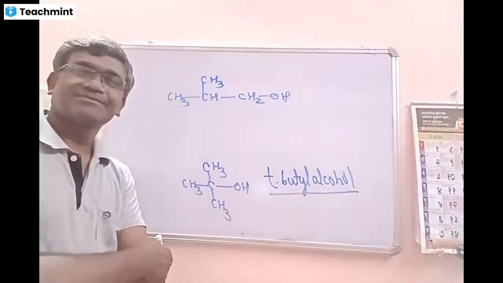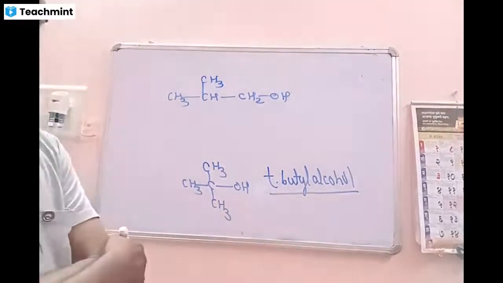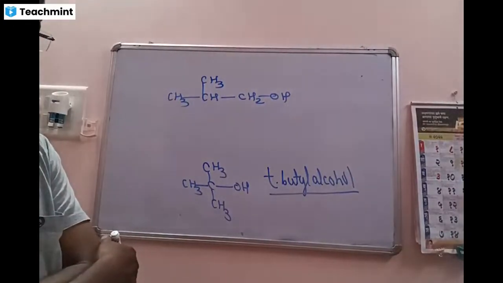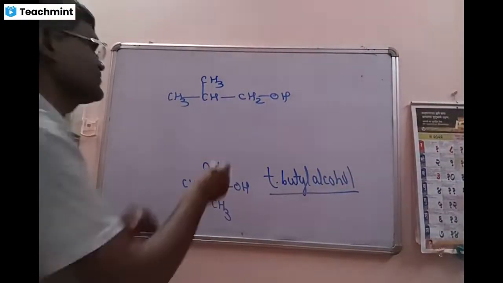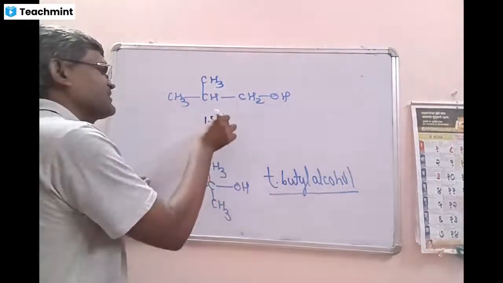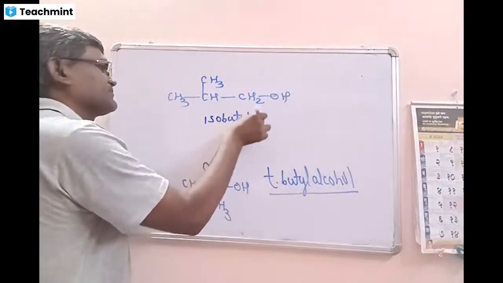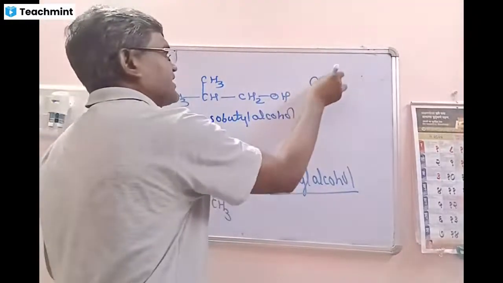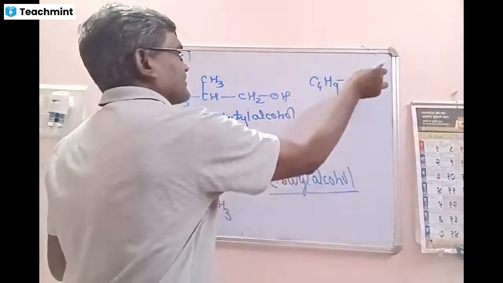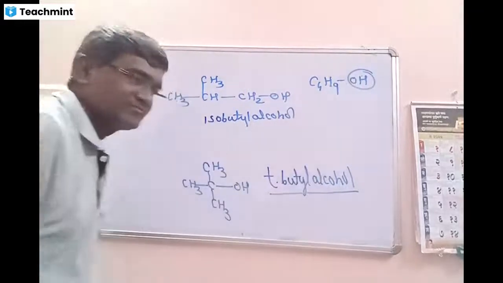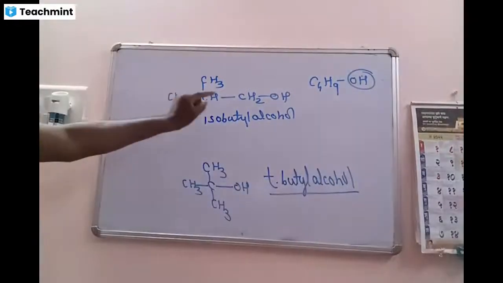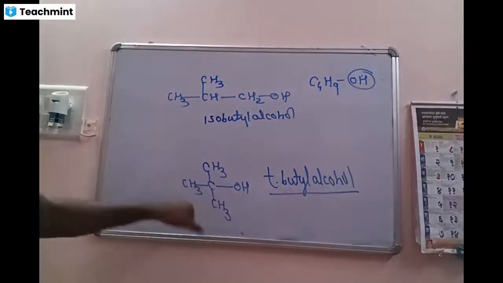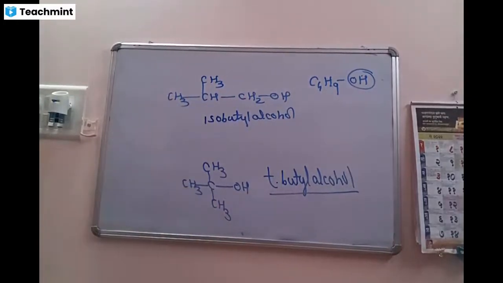Is it isobutyl alcohol? Yes, it is isobutyl alcohol. Now, what is the difference between these two? Both of them have that C4H9 and OH group. Both of them contain 4 carbon, 9 hydrogen, and 1 OH group.